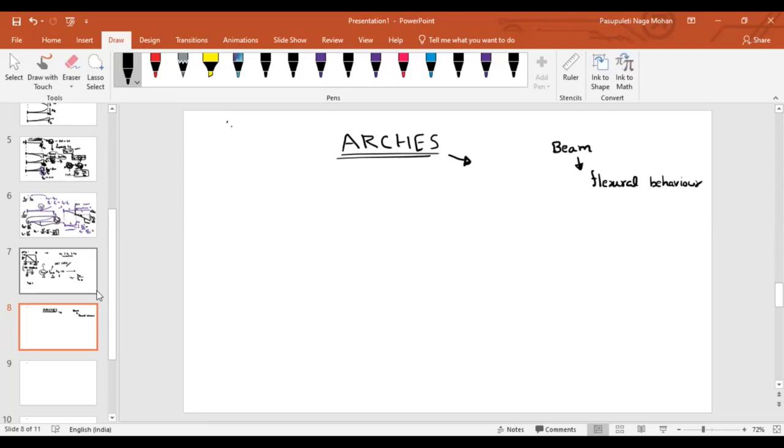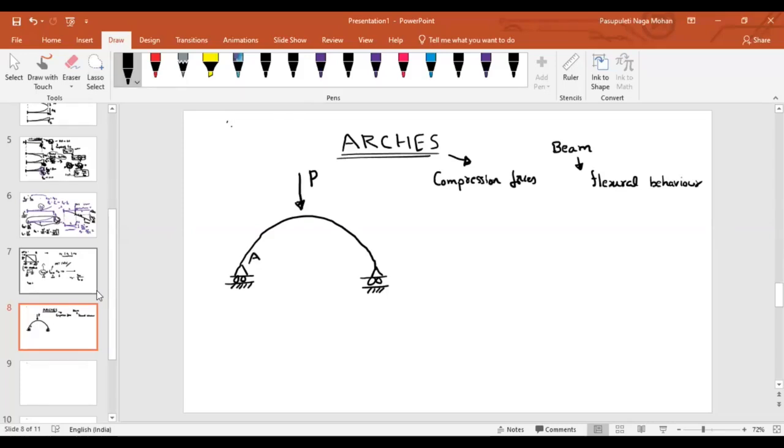If somebody asks what is meant by arches, compression forces are predominant in arches, compression axial forces. So I'm asking you a common question: imagine there is a structure of this shape and imagine there are some roller supports. If I apply a force like this, what will happen at the supports?